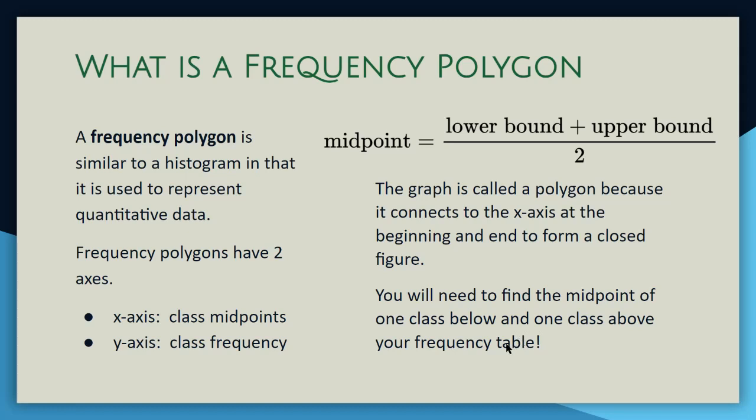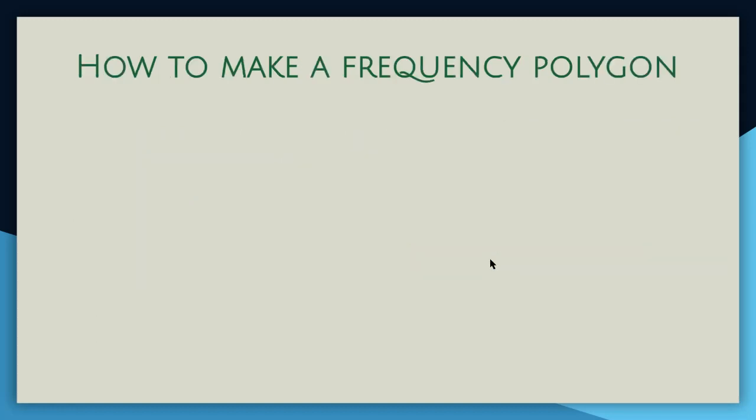The upside to frequency polygons is it's usually assumed you've done a histogram first, so most of these problems are going to give you a frequency table, or they will ask you to draw a frequency polygon for data in a previous question where you've already built your frequency table. So a little bit less work on this one.